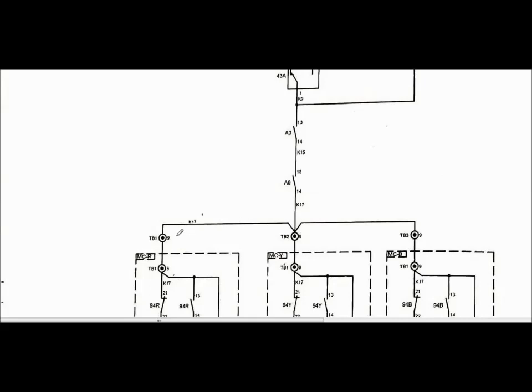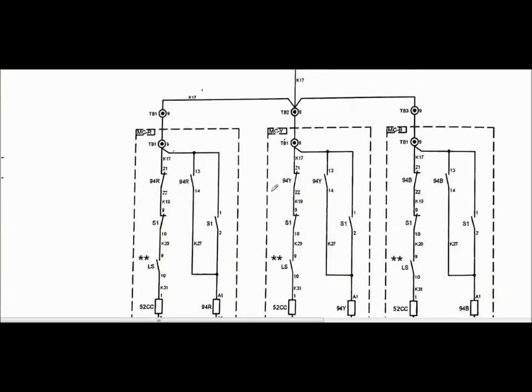There is TB19 for red phase, TB29 for yellow phase and TB39 for blue phase. Whenever DC is coming to the TB19, since the limit switch spring is in charged condition, this contact should be in NC position. These three contacts are in NC position.